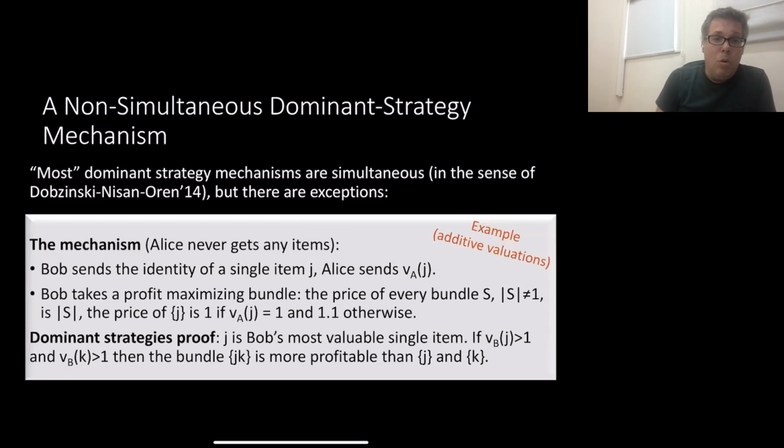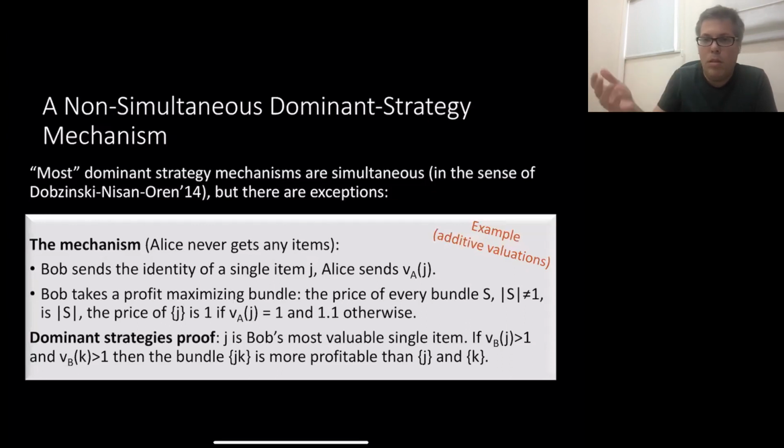The mechanism works by Bob first sending the identity of a single item J, and we ask Alice to send back her value for the item J. Then Bob has to take a profit-maximizing bundle among the following set. The price of every bundle S, as long as the size of S is different than 1, is going to be |S|.